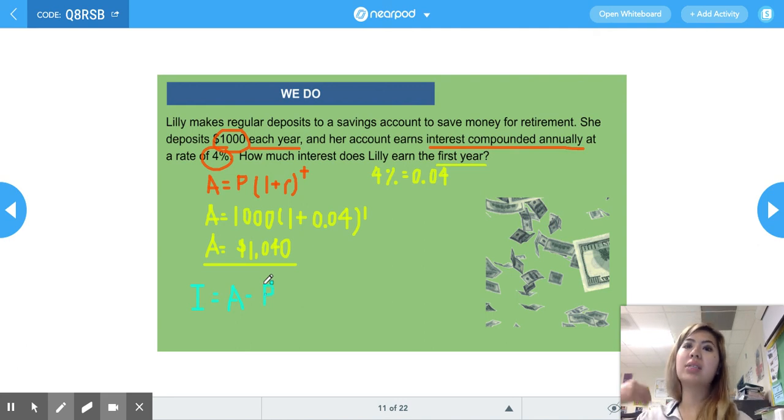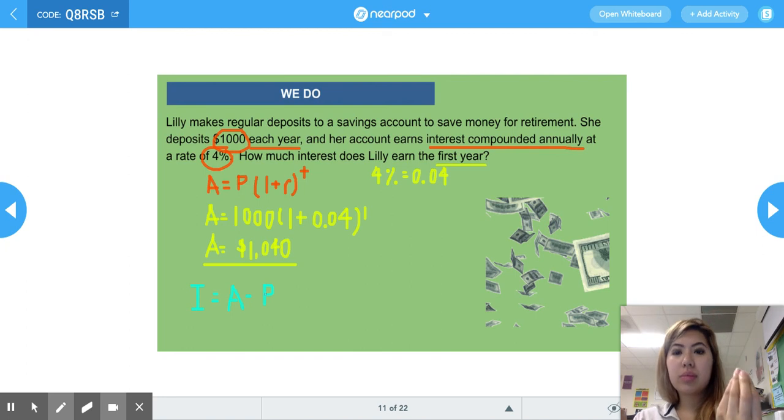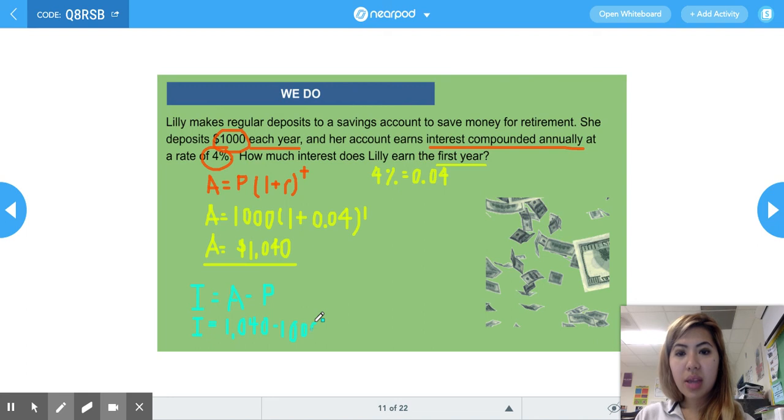We're just subtracting the starting amount from the end amount to get the interest earned. If we plug in the numbers, we have 1,040 minus 1,000, and that makes our answer $40 of interest earned on the account after the first year.